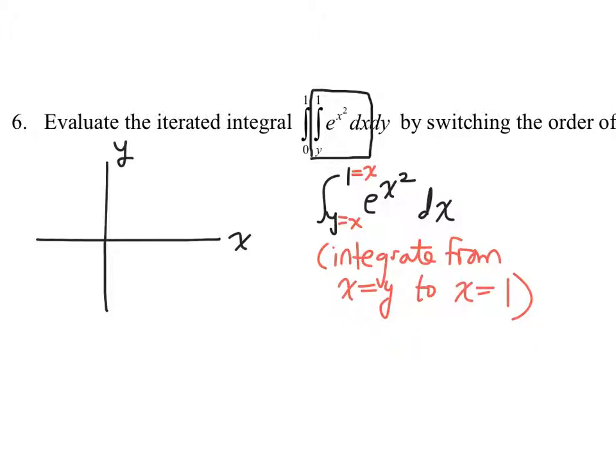X equals y, what is that? That's a line, more popularly known as y equals x, but x equals y is the same thing. X equals 1 is a vertical line.